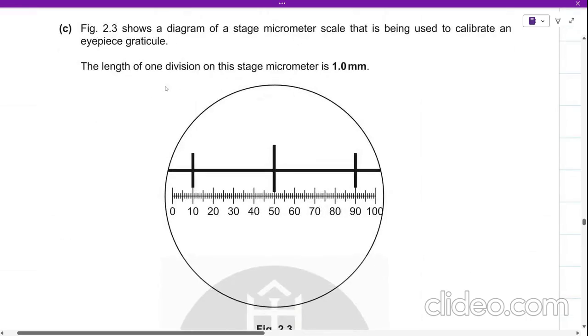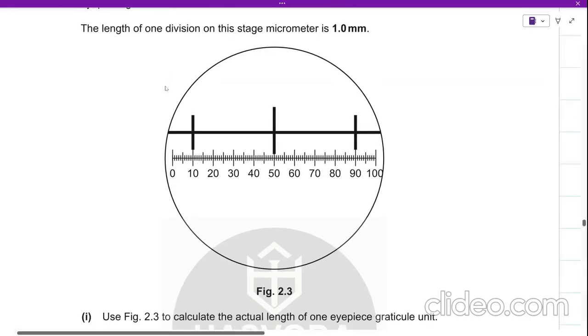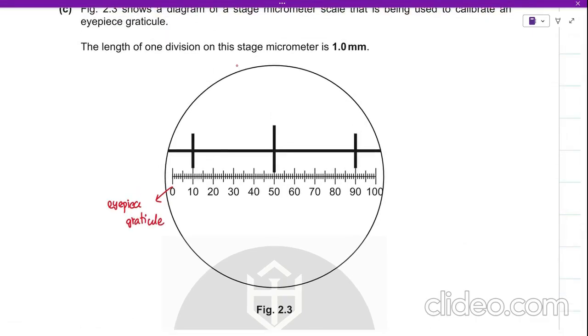Figure 2.3 shows a diagram of a stage micrometer scale that is being used to calibrate an eyepiece reticle. The lower one is the eyepiece reticle. The length of one division of this stage micrometer is 1 millimeter. So this is the stage micrometer.